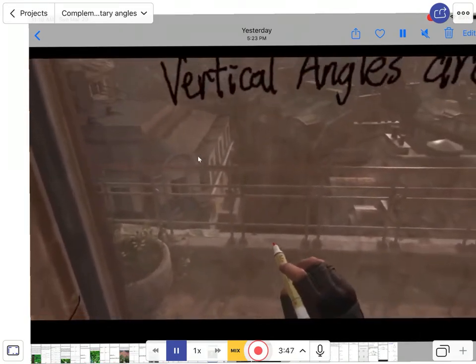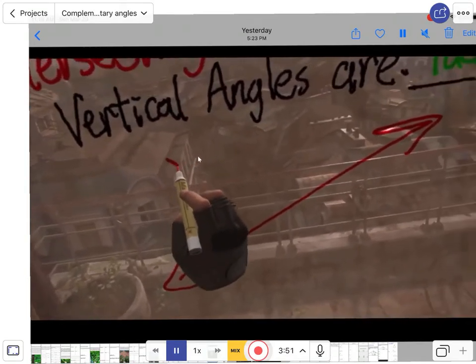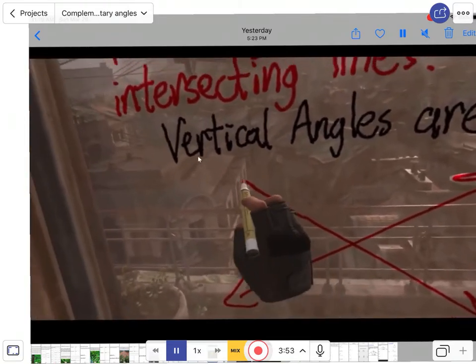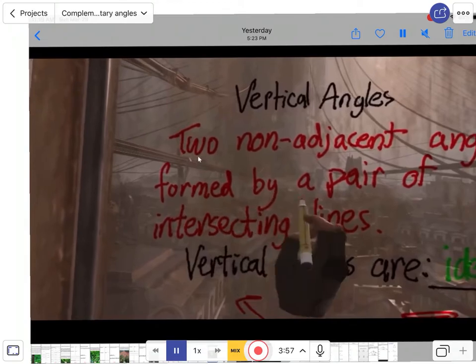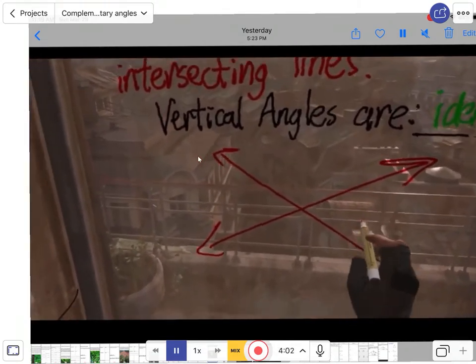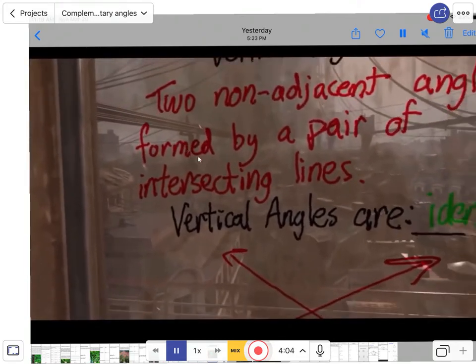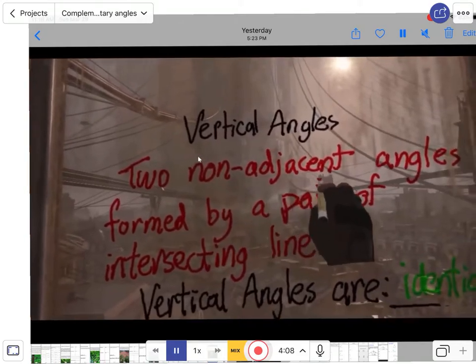So, if I draw two intersecting lines, the arrows on the ends mean the lines just keep going. Two intersecting lines. Two non-adjacent angles formed by a pair of intersecting lines. Sounds like some fancy vocabulary, but it's really not that complicated. So, non-adjacent.